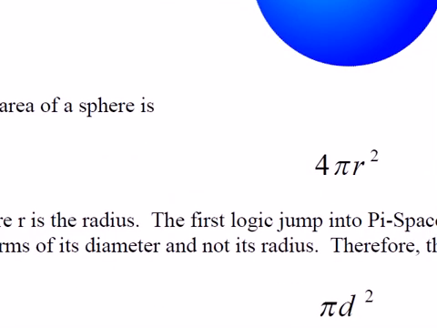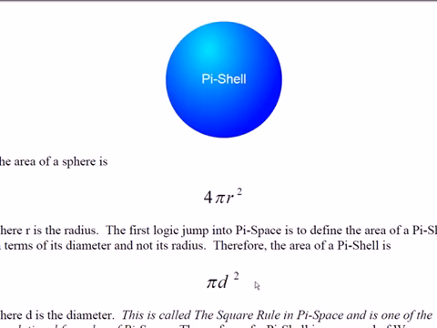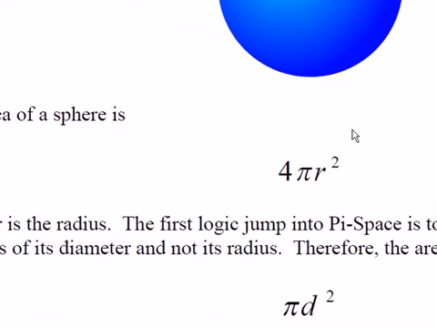But the one we focus on in pi space is what's called the square rule, which is pi times d squared, right? D being the diameter. So if you know the diameter of a particle or an atom, what I call a pi shell, or even a planet, you can approximate its area by multiplying by the constant pi.